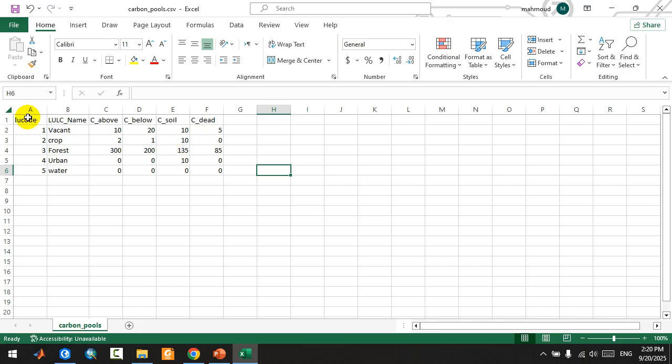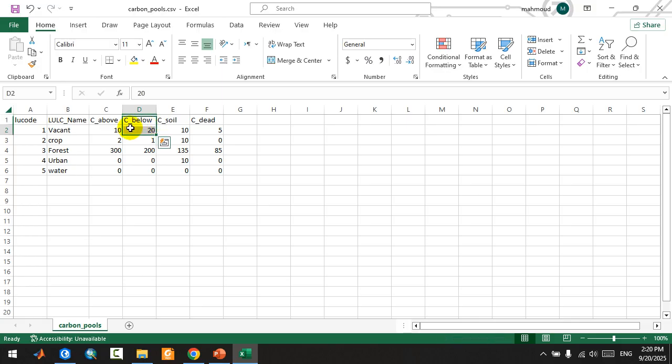Okay, LU code and four carbon pools, and the carbon storage in metric ton per hectare, per 1 hectare. Okay, in the vacant or bare lands, storage in the canopy above ground is 10 metric ton carbon per hectare.